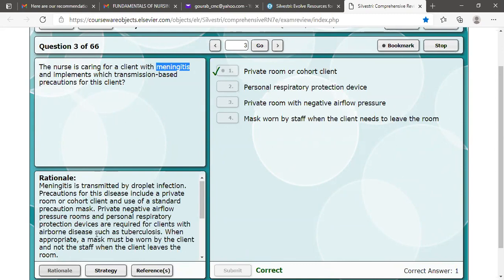If the patient has an airborne disease, we better use an N95 particulate respirator mask and a negative pressure private room, with the door kept closed all the time. Right? But our patient has a droplet disease, so give a private room and cohort the client.